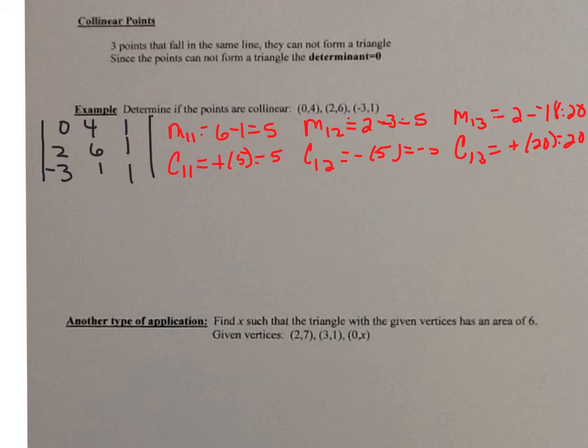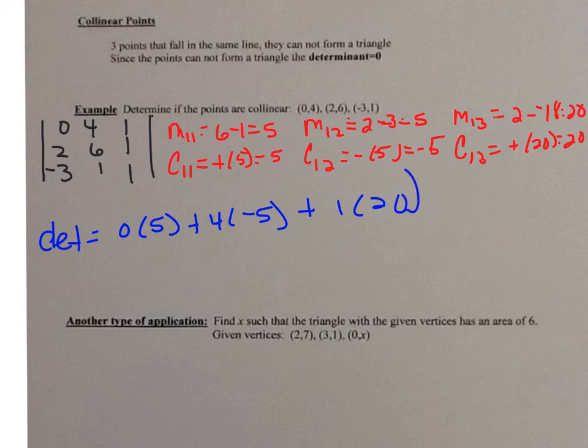Okay, so now my determinant. I used row 1. So it's going to be 0 times 5 plus 4 times negative 5 plus 1 times 20. So this is 0 minus 20 plus 20, which is equal to 0.